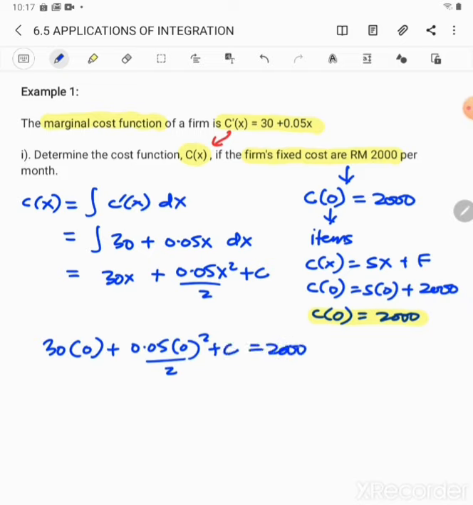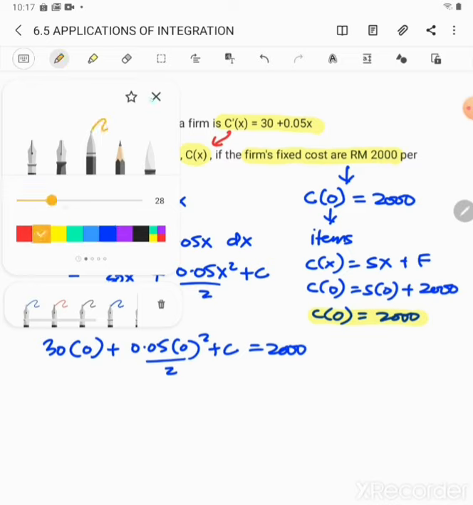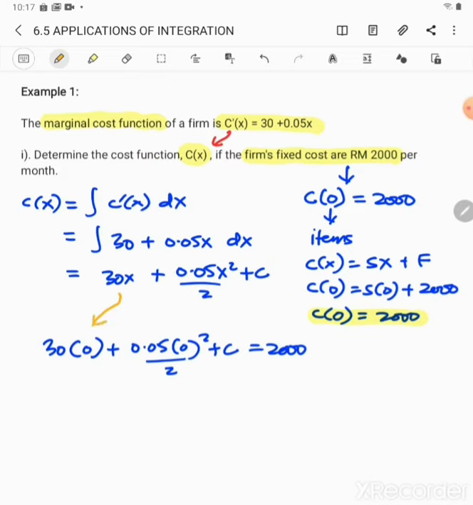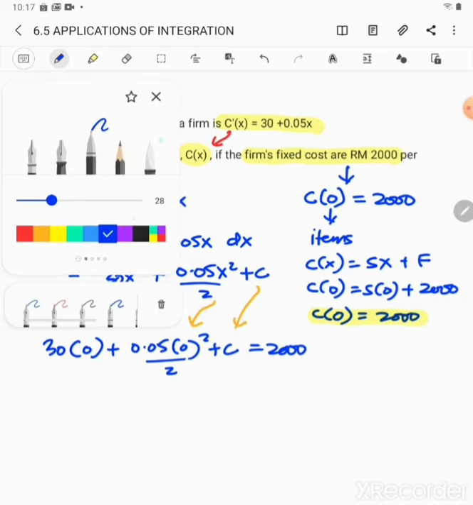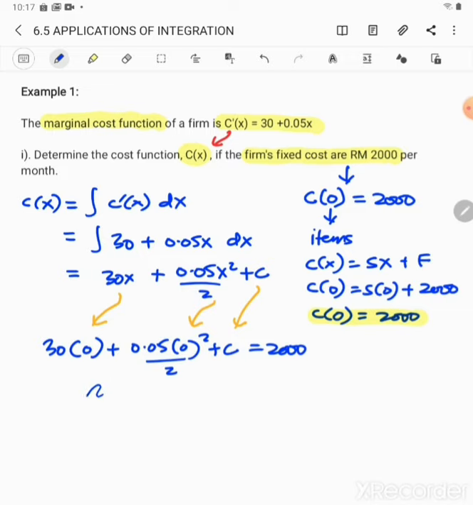I hope you can see here where I substitute x with the value of 0. So now what is the value for C? This part we get 0, 0 plus this part we get 0, plus C equal to 2000. Therefore, C equal to 2000.